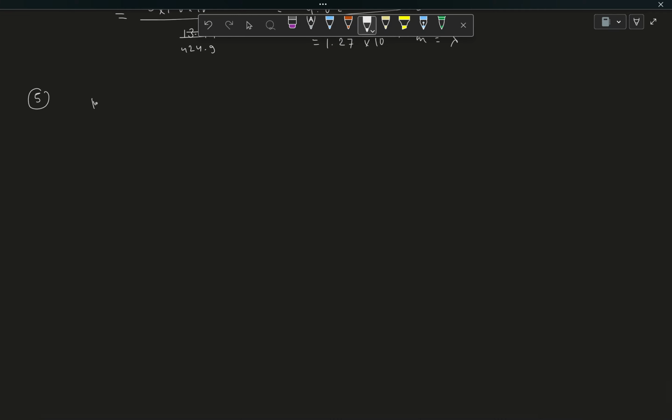So first of all you have a methane molecule, and second you have an argon molecule. Now for methane you have been given that the molar weight is equal to 16 gram for 1 mole, and for argon the molar weight is equal to 40 gram for 1 mole, right?